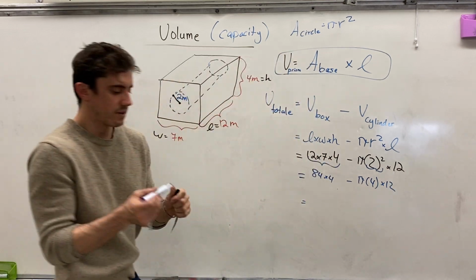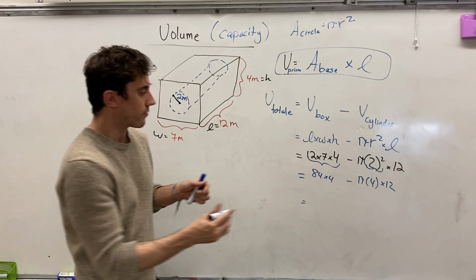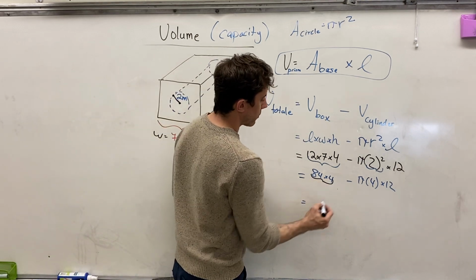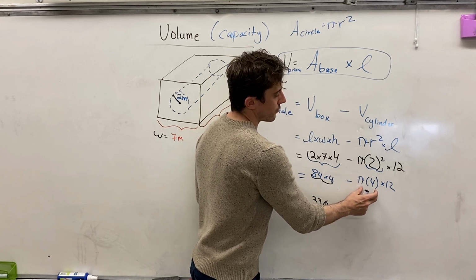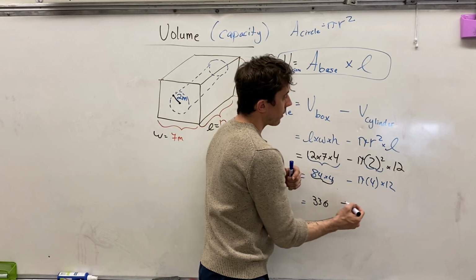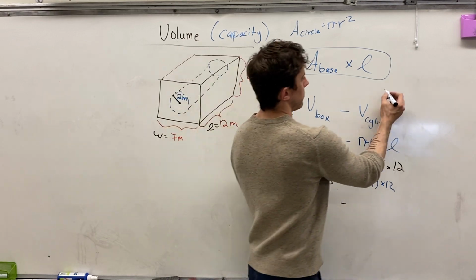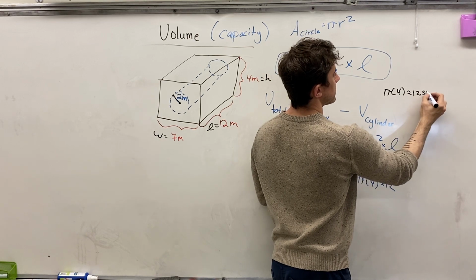Now I think we're good to actually evaluate all of our calculations. So 84 times 4, that is 336, minus pi times 4 times 12. Pi times 4 is roughly 12.57.